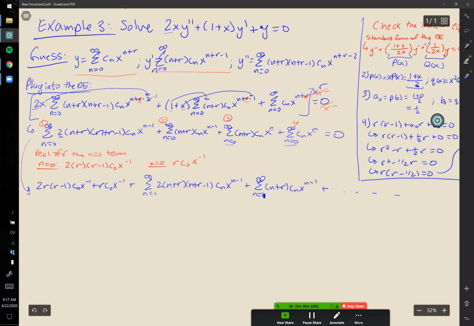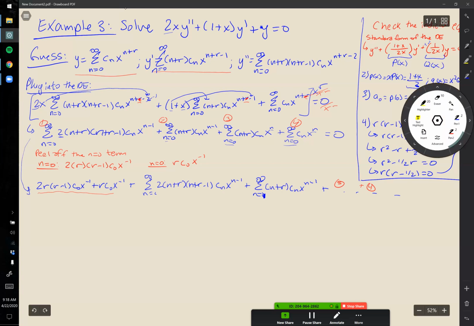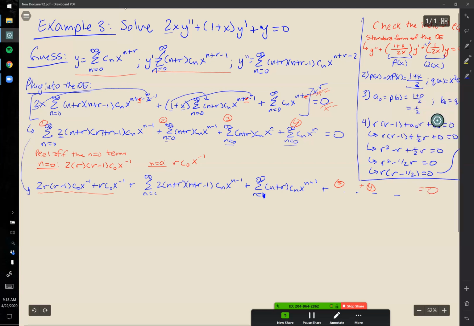But we haven't changed those, so don't worry about it. So I'll say plus 3 plus 4. Okay, so this is the peel off stuff right here. Anyways, all this is still equaling 0.